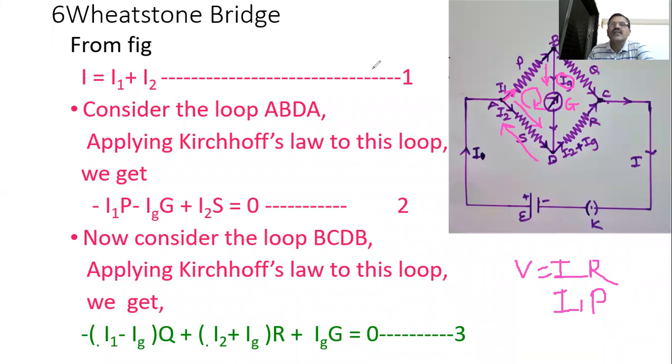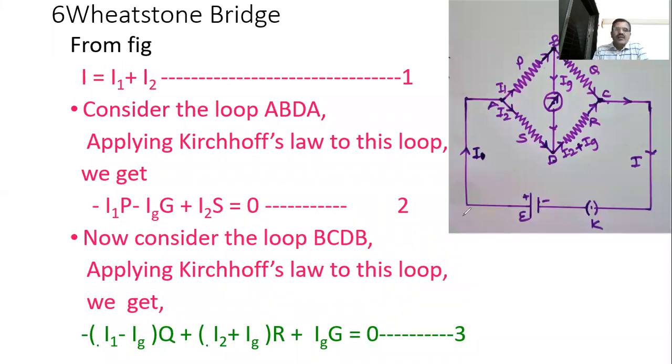that is the BCDB. Let's apply Kirchhoff's law to this loop BCDB. What will we get?